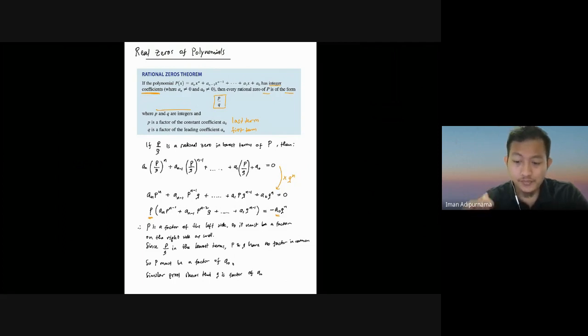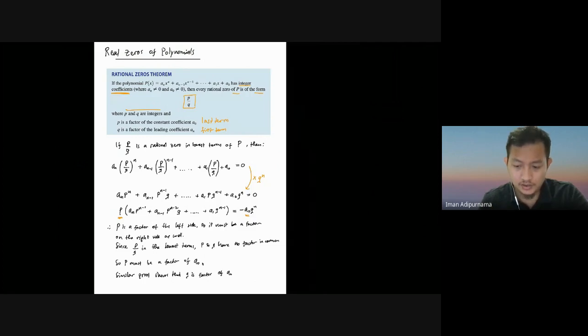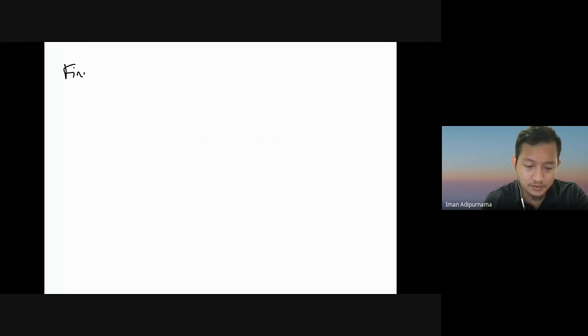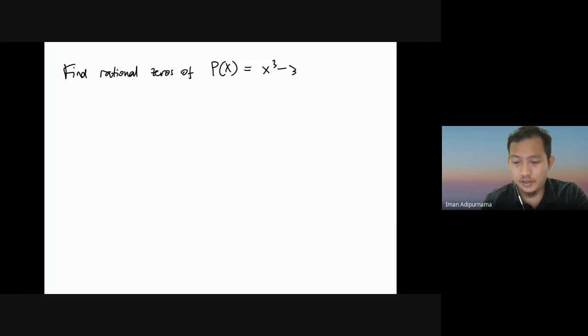So let's try. Okay, for example, find the rational zeros of P(x) equals x cubed minus 3x plus 2.